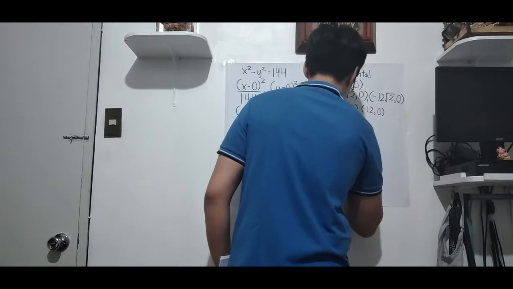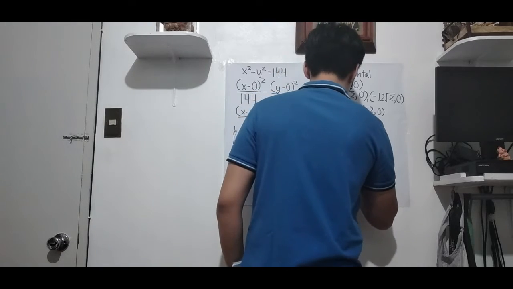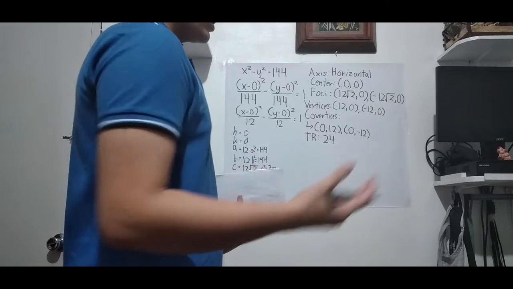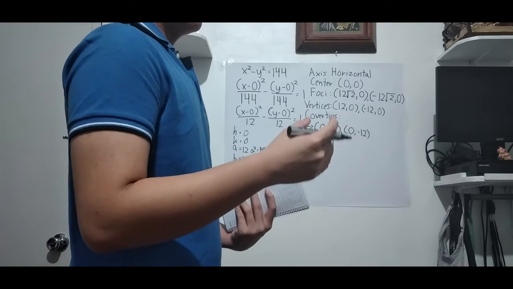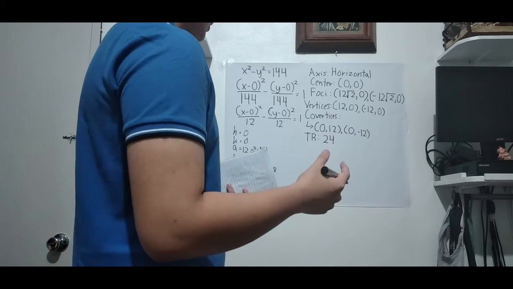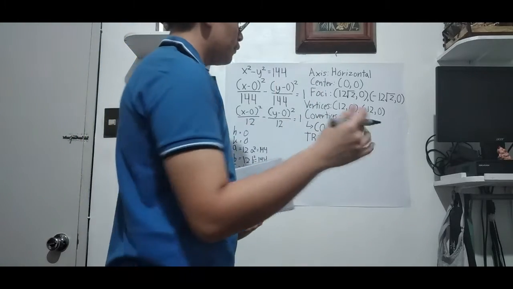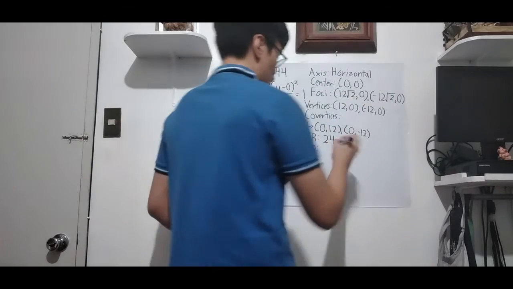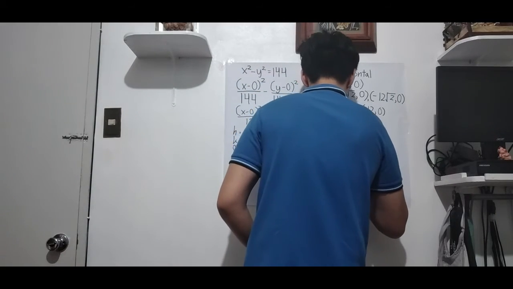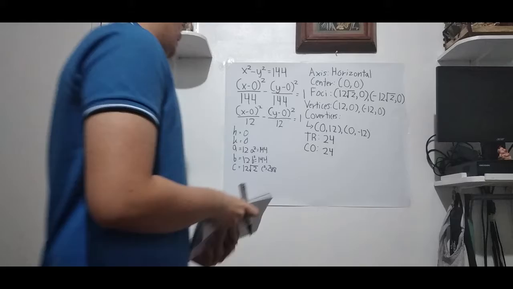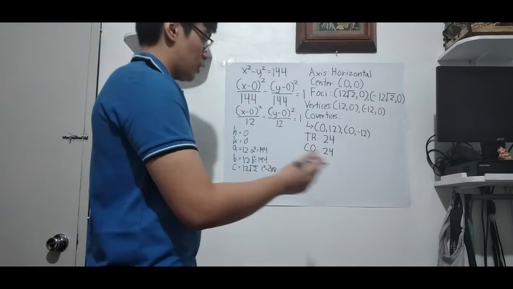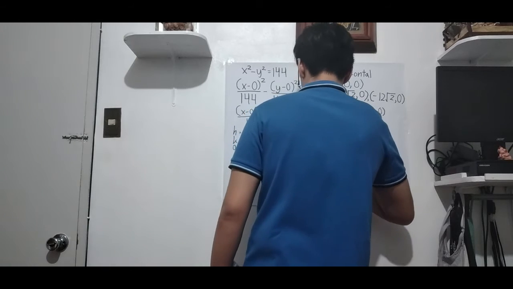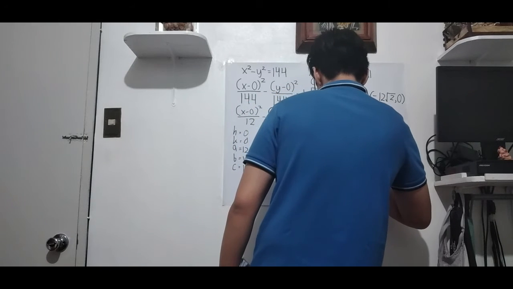So our transverse axis would be 24. Then our conjugate axis is 2b. 2 times 12, so our conjugate axis would also be 24. There we go. And our c squared, right here again, would be 288.